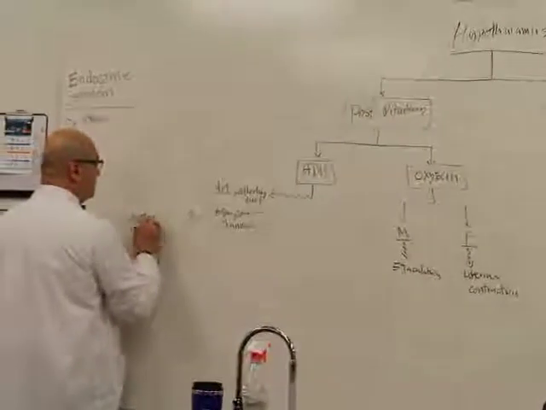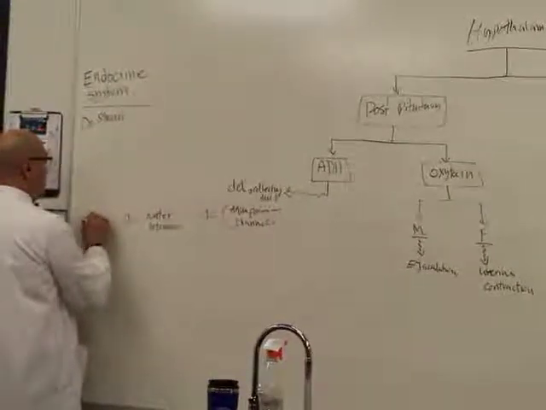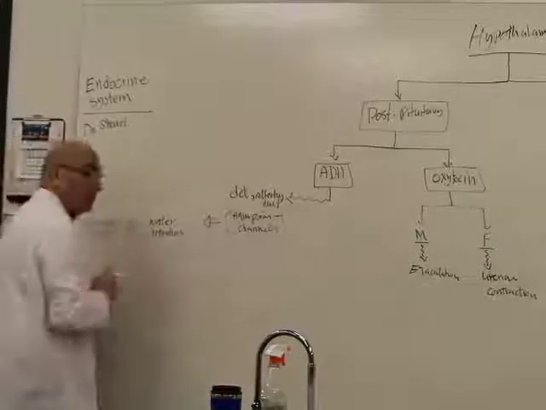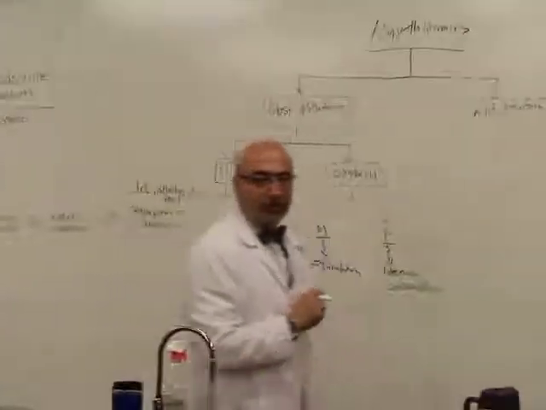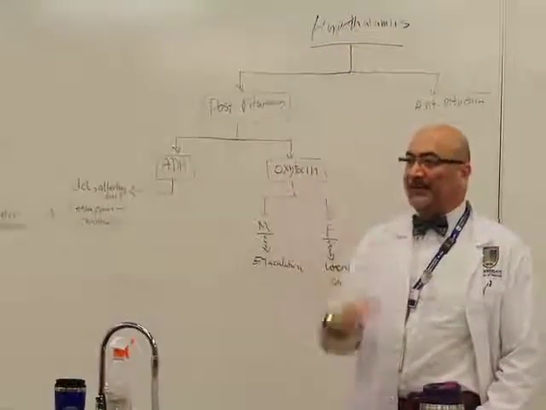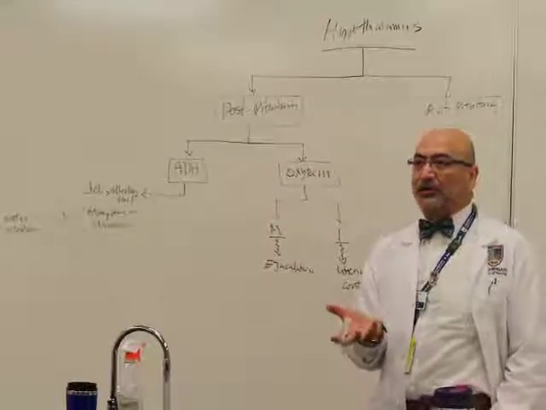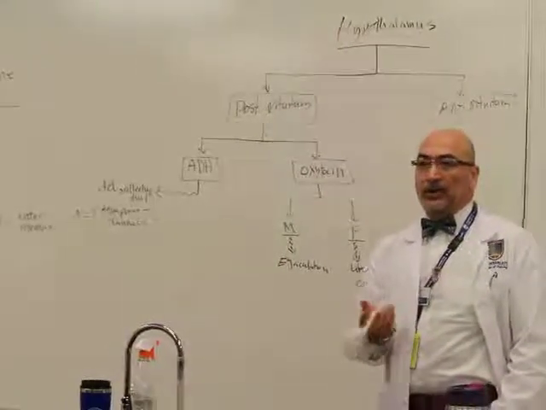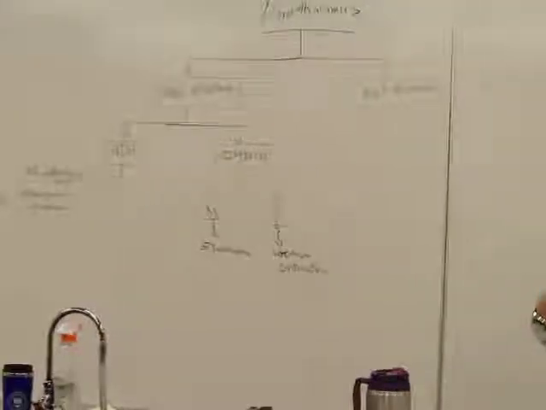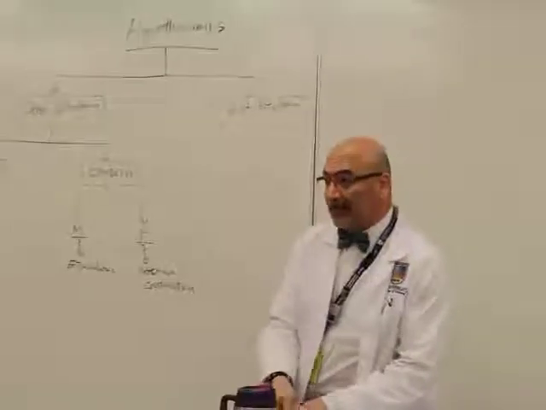And that reduces urine output. So that's what it does. And there are substances that can actually block the effects of ADH, like alcohol. So when individuals receive alcoholic beverages, it blocks ADH.